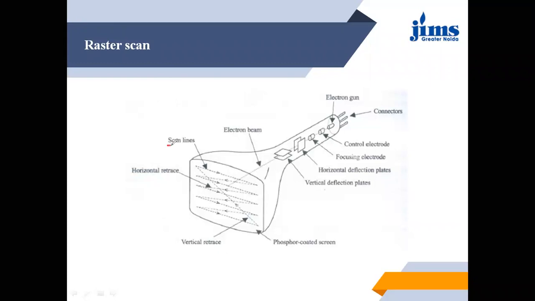Scan line is the collection of pixels in a horizontal line, or when we combine all the pixels on a horizontal line, it is called a scan line.